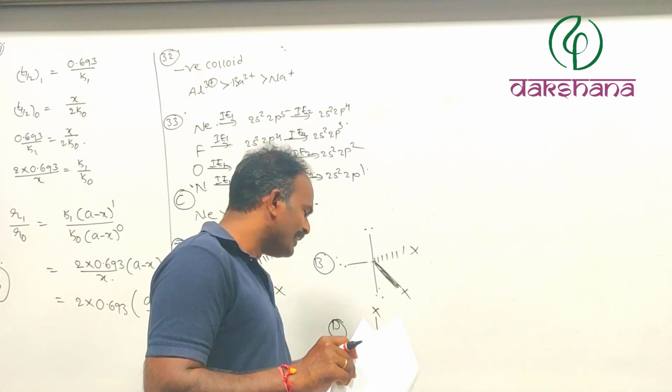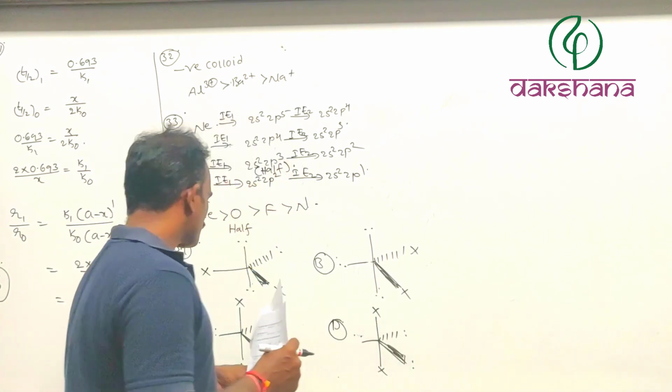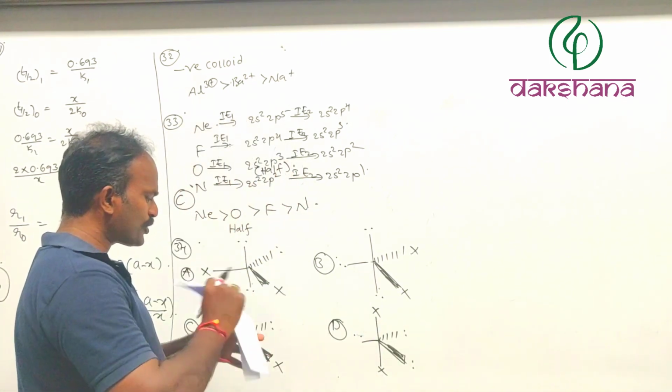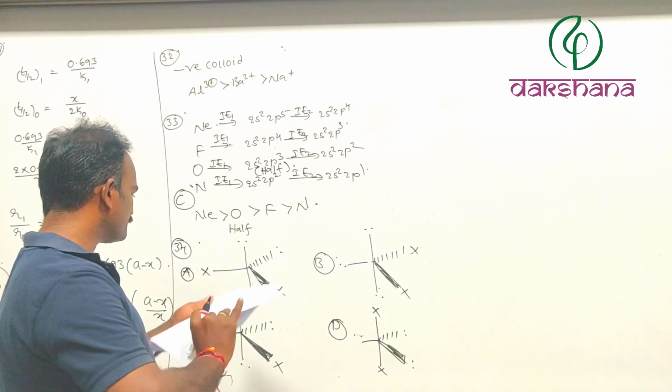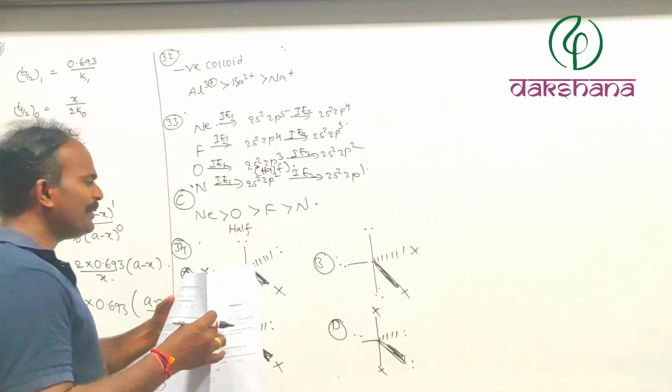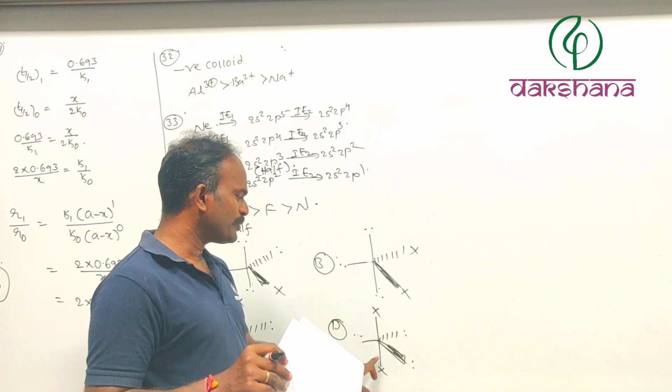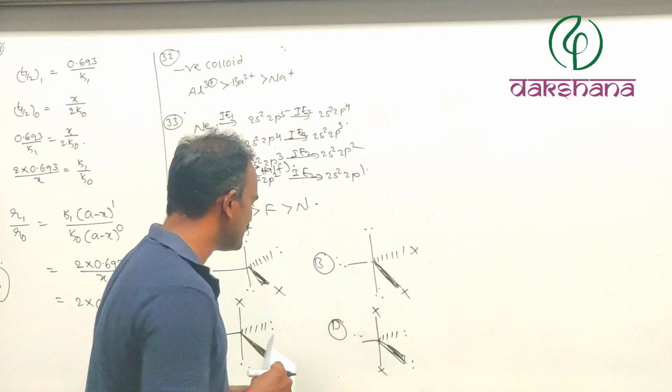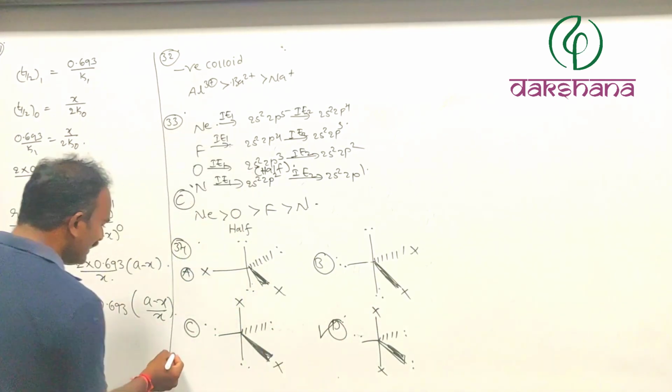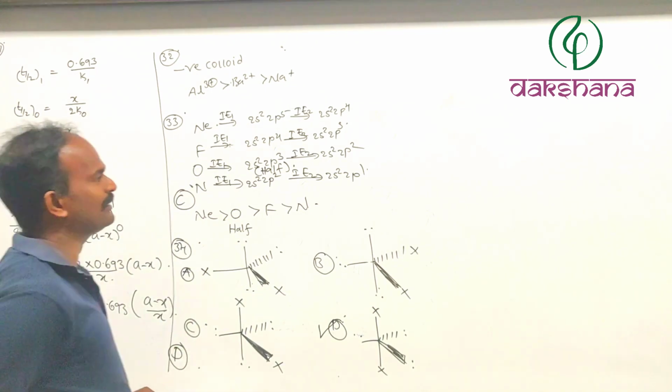But if you look at this one, it is at 180 degrees. So for question 34, it is going to be D. These two have very little repulsion. Therefore option D is the answer.